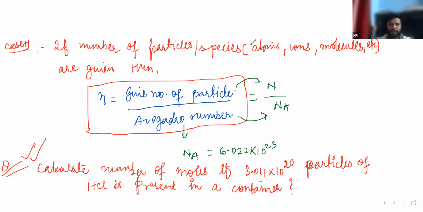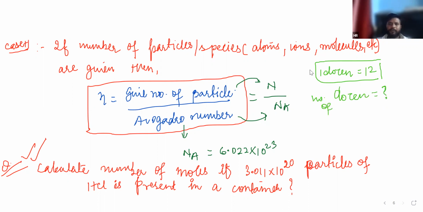Arslan, just see, 1 dozen equals 12. And whenever we have to calculate the number of dozens, what we do is divide by 12. That means here Avogadro number is the number given for 1 mole.